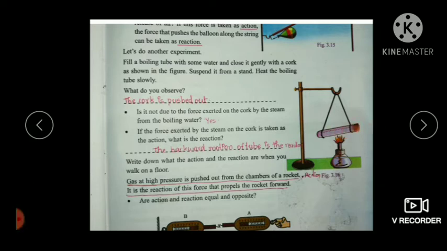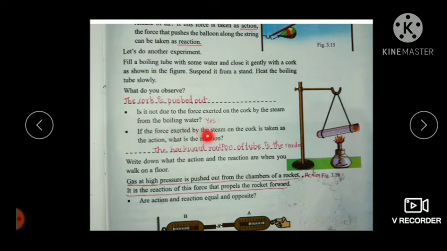Why did the cork move out? Yes, it is because when the water boils, it converts into steam, and this steam exerts a force on the cork. As a result, the cork moves out from the boiling tube. So it is due to the force exerted on the cork by the steam from the boiling water.